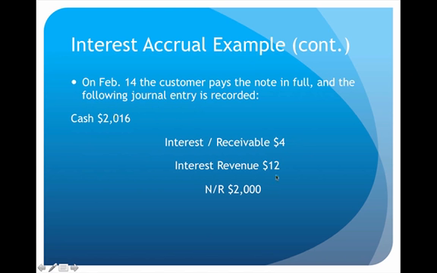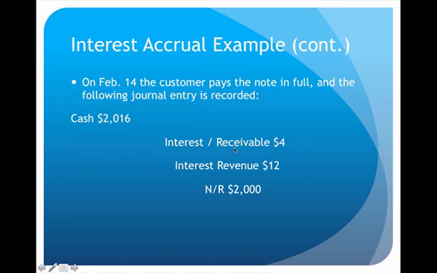Now, a lot of people would mistakenly credit the entire $16 to interest revenue, but you can't do that. We actually have already recorded $4 of that revenue. Plus, I have unfinished business left over from the last time period. I had an interest receivable, which was a debit.